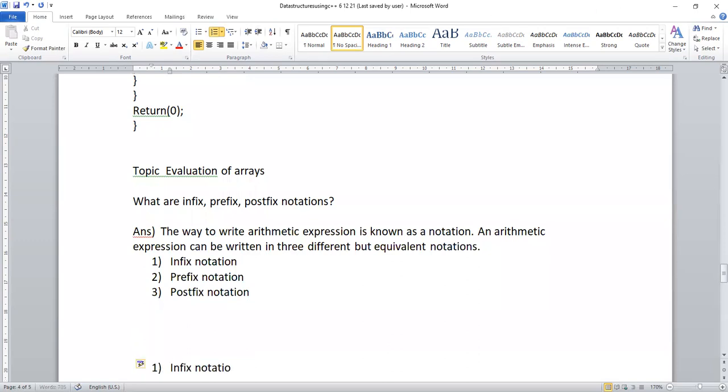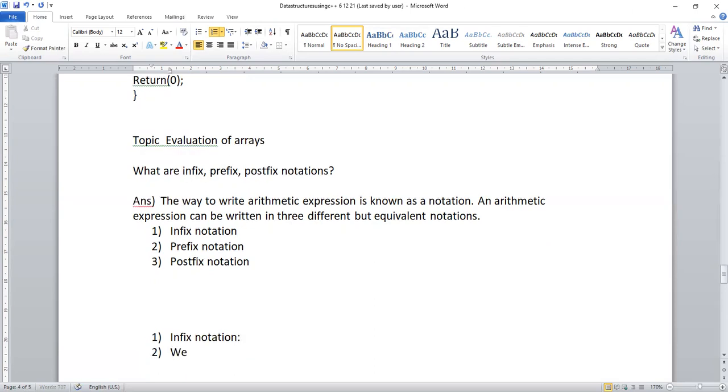We write the expression in infix notation.